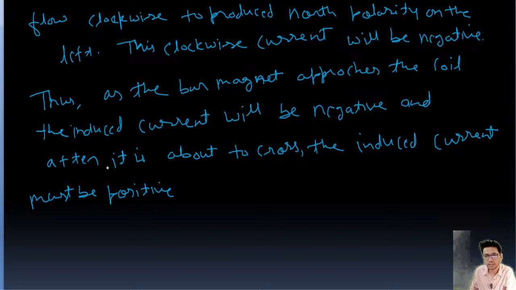So as the bar magnet approaches the coil, the induced current will be negative, and after it is about to cross the loop, the induced current must be positive. So first the current will be negative, and after some time, when it is about to cross the loop, that time it will be positive.